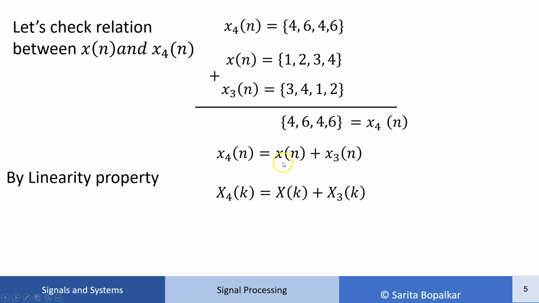Previously we calculated the DFT of X of n by the matrix method and the DFT of X3 of n by applying the circular time shifting property. Here, to find the DFT of X4 of n, as X4 of n is the addition of X of n and X3 of n, we use the linearity property, which tells us that when two signals get added in the time domain, in the frequency domain the individual DFTs also get added.